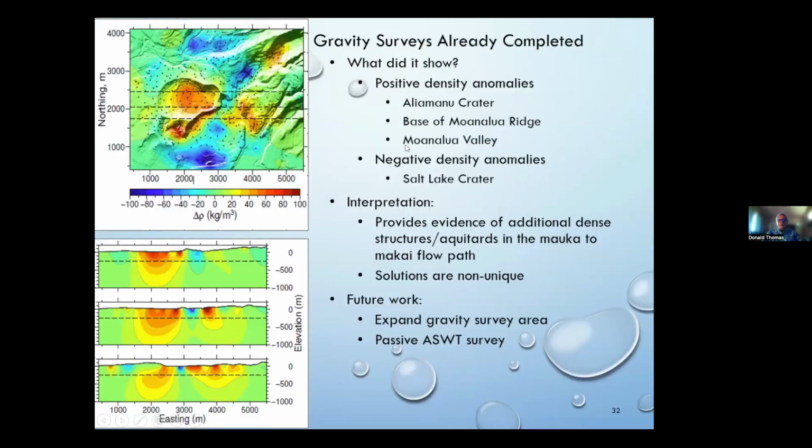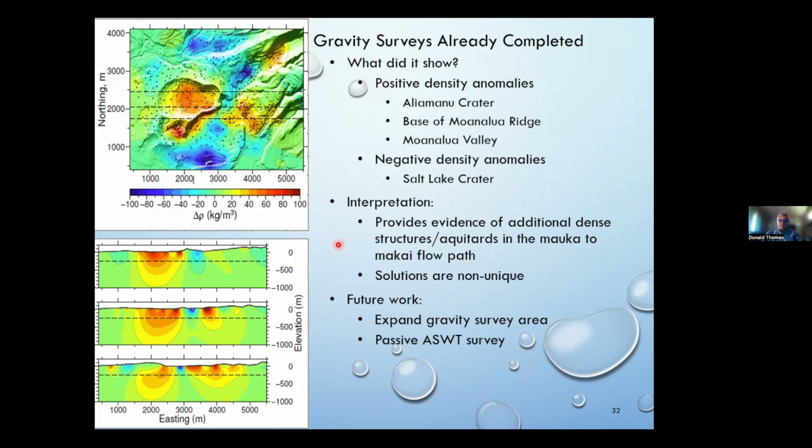Bob has already showed this image indicating that we have higher density material up in this region, and also extending over here and under the Moanalua Valley, as well as partially under Red Hill Ridge. And our intention is to expand this survey area and increase the density of seismic stations so that we can get better resolution.